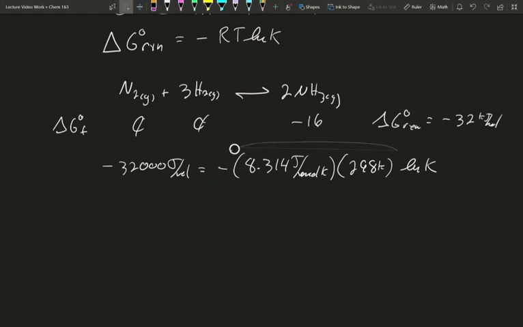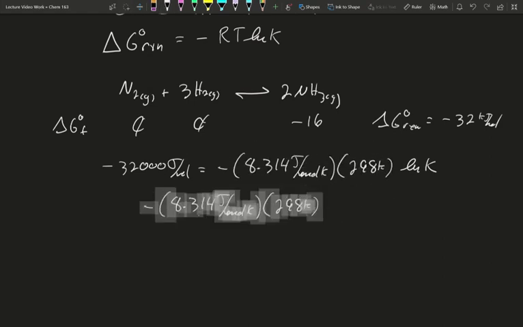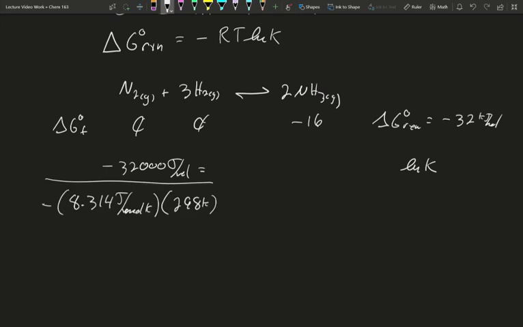We can divide by RT to move it over to the other side, and the natural log of my equilibrium constant must be the delta G naught of the reaction divided by RT at 298.